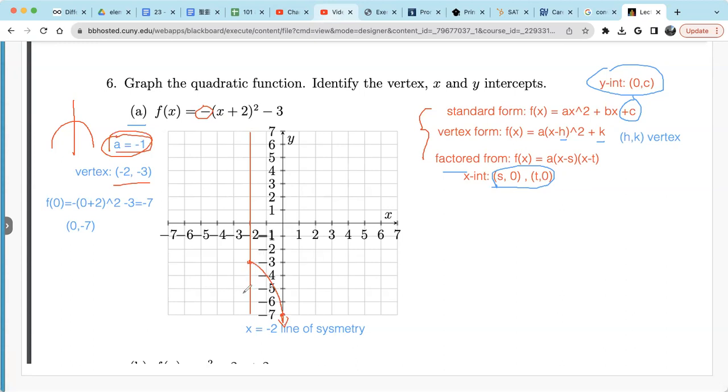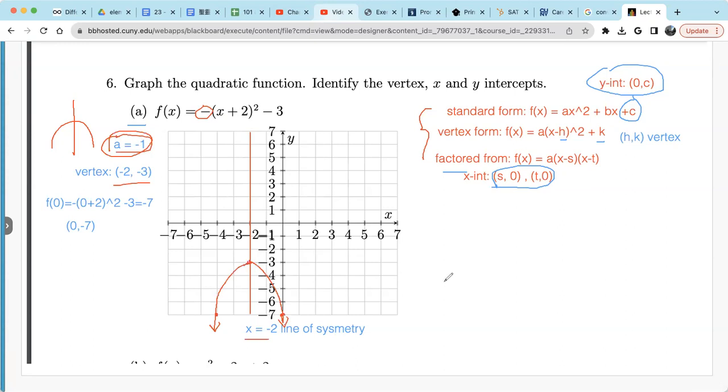Because x equals negative 2 is the line of symmetry, I have to have another point here, since the graph is symmetric. I'll do the same thing, making it roundish, not a straight line. So this is the graph of this function.